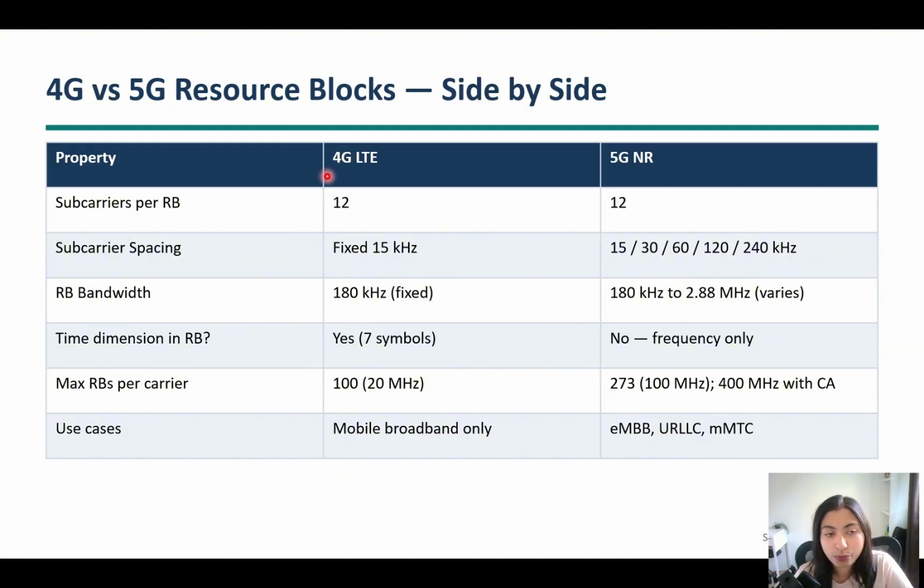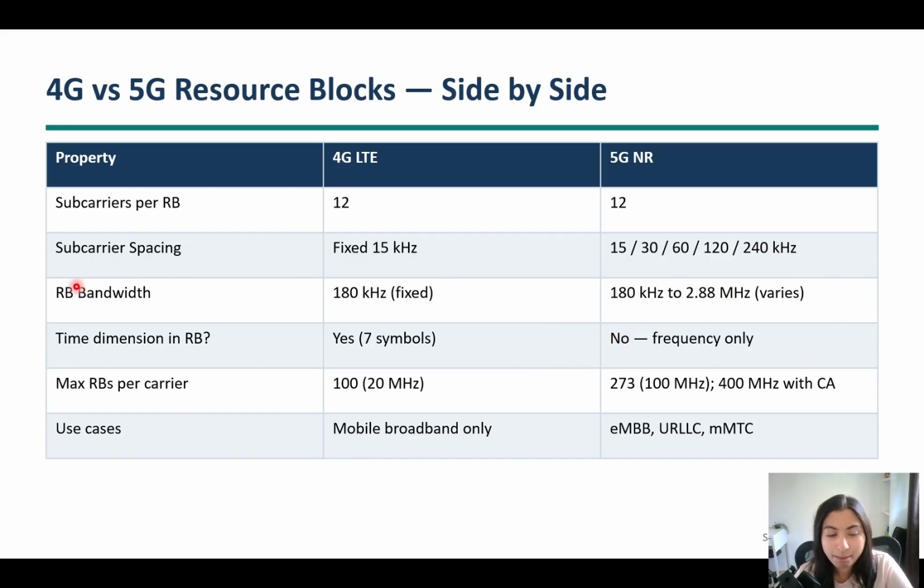Now let us put 4G and 5G side by side. Both use 12 subcarriers per resource block. That's one constant. Both use OFDM, but almost everything else is different. 4G has a fixed 15 kilohertz subcarrier spacing, whereas 5G supports subcarrier spacing from 15 kilohertz to 240 kilohertz in FR2. 4G defines the resource block in both frequency and time domain, whereas for 5G this is defined only in frequency domain.